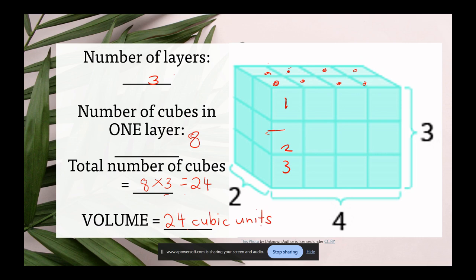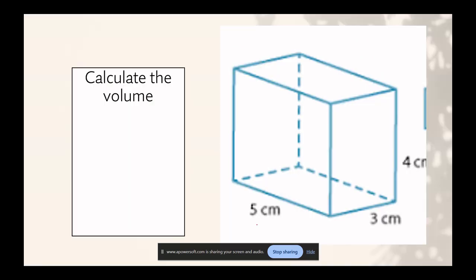But we won't always get the cubes to help us figure out what the volume of a rectangular prism is. So what we have to do is learn the formula that we have been working with. Let's revise that. Volume is equal to length times width times height. So whenever you're given any diagram, you try and identify what is the length.